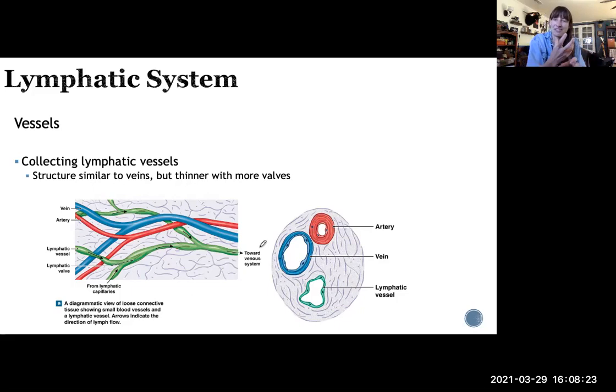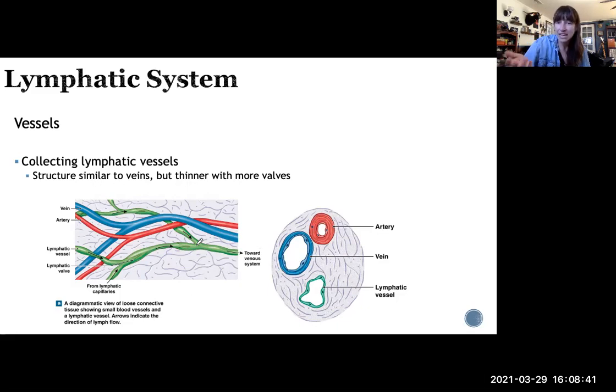So every time that you squeeze your lymphatic vessels, wherever they are, that fluid is going to be forced in one direction. And so every time you move, you're forcing that fluid in one direction, and then it cannot backtrack because it's got one-way valves throughout it.